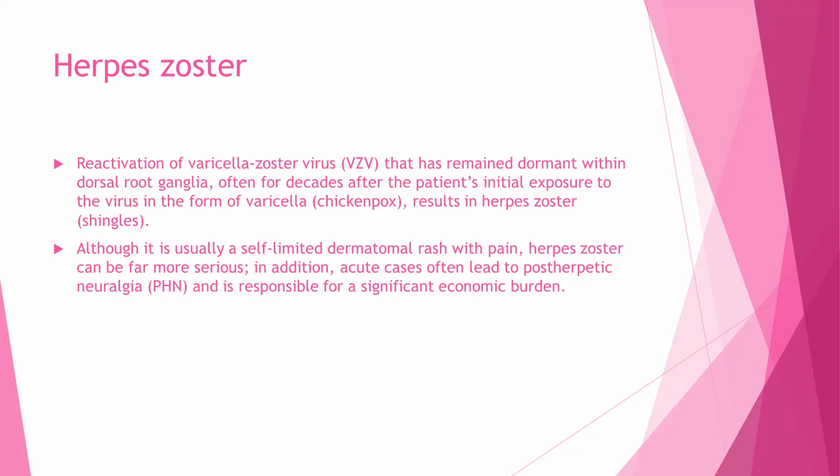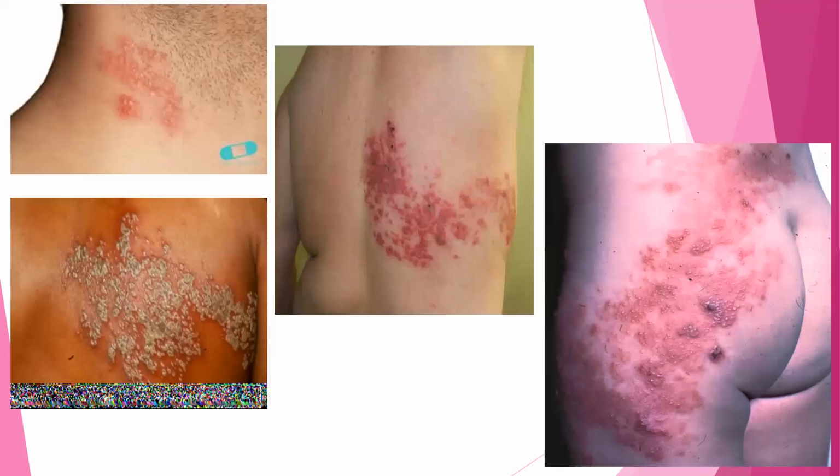It will affect only the nerve root where it was dormant, not the other parts of the body, unlike chickenpox. Usually it's a self-limited dermatomal rash, but it has severe pain and it can be far more serious. In addition, the acute cases often lead to post-herpetic neuralgia, which is the pain and is responsible for a significant economic burden.